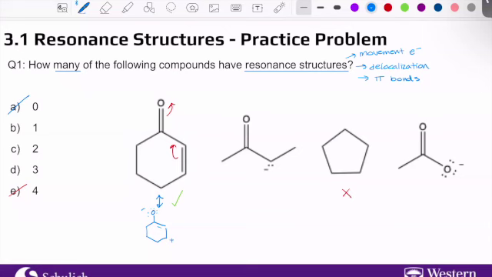In terms of our second compound, we see that we have an anionic compound because we have a carbon with a negative charge. This lone pair can be delocalized because of the adjacent pi bond illustrated here, meaning we could have delocalization of our electrons, causing the following resonance structure.